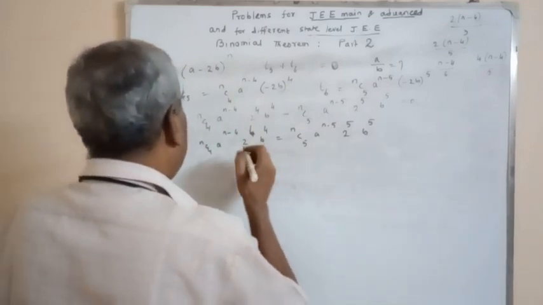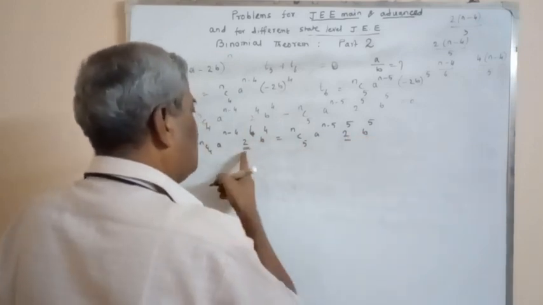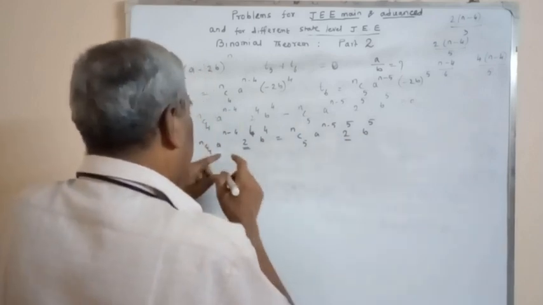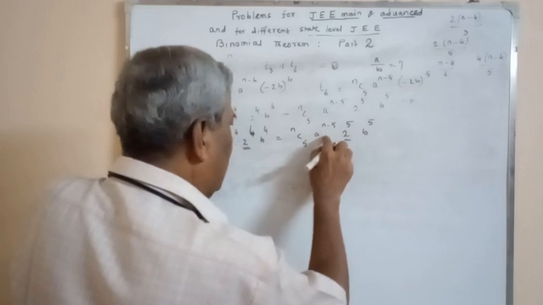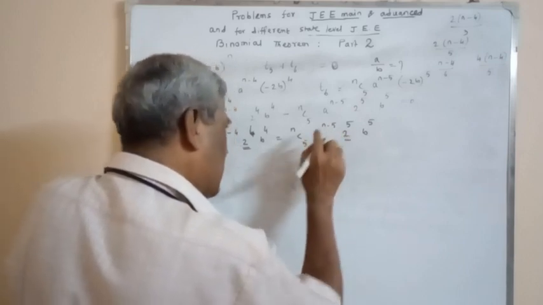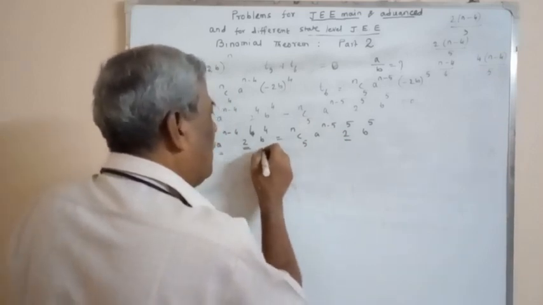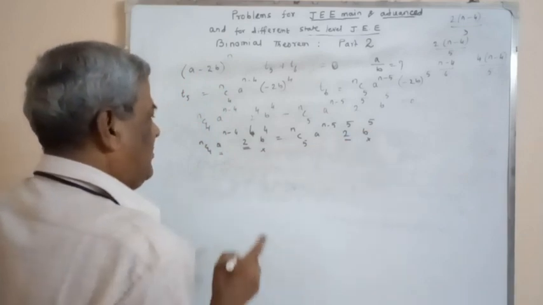From there, 2 to the power 4 and 2 to the power 5, 2 to the power 4 will be cancelled, leaving here 2. A to the power n minus 4 and a to the power n minus 5, a to the power n minus 5 will cancel and only a will be left. And from this and that, only b will be left there.